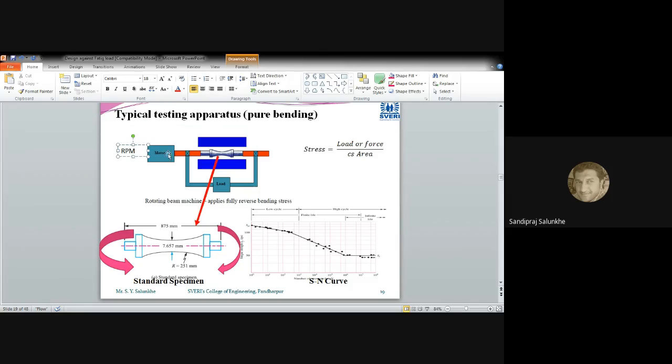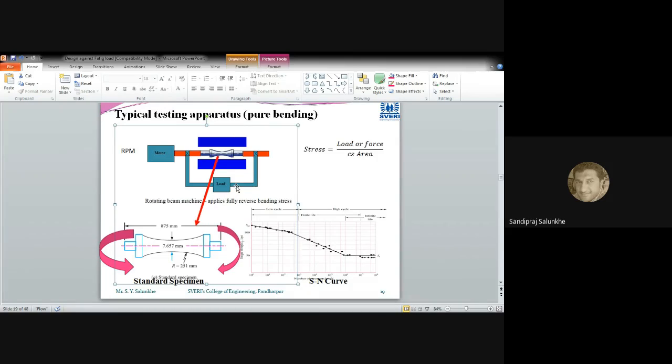So that many cycles of compressive and tensile stress will be applied on the standard specimen. This RPM can be measured with the help of a tachometer. Hence, you can measure the number of cycles which the standard specimen sustains for the completely reversed stress.